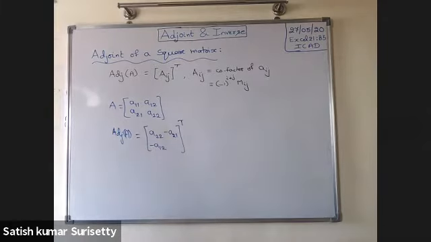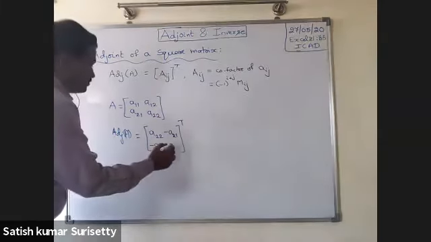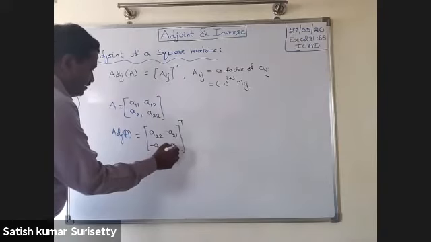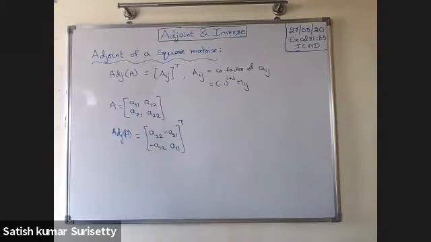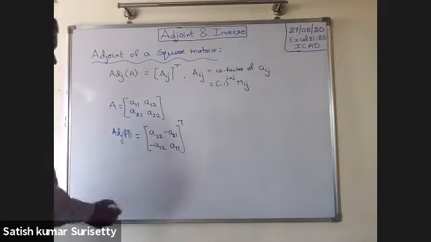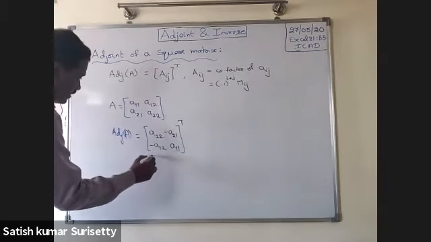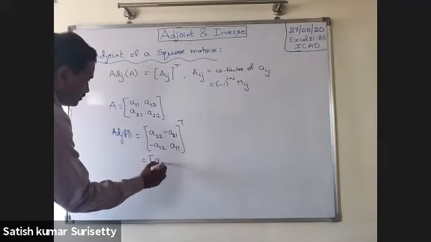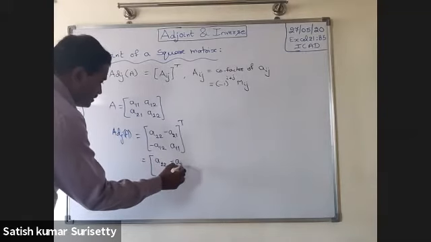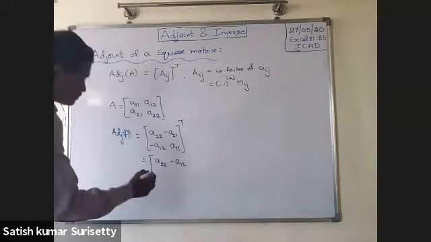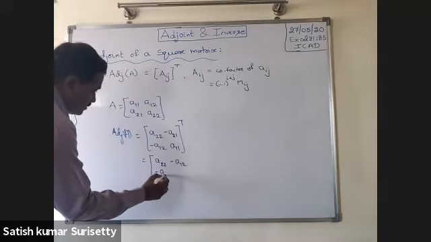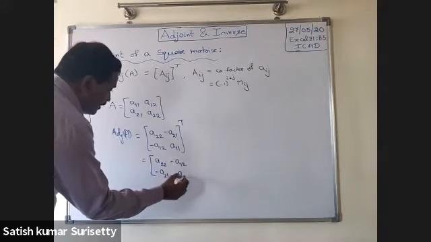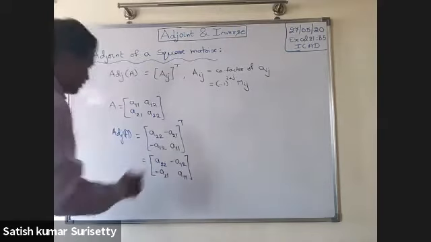Cofactor of A22: A11. Now for this, take the transpose. So what does this become now? A22, minus A12, minus A21, A11.